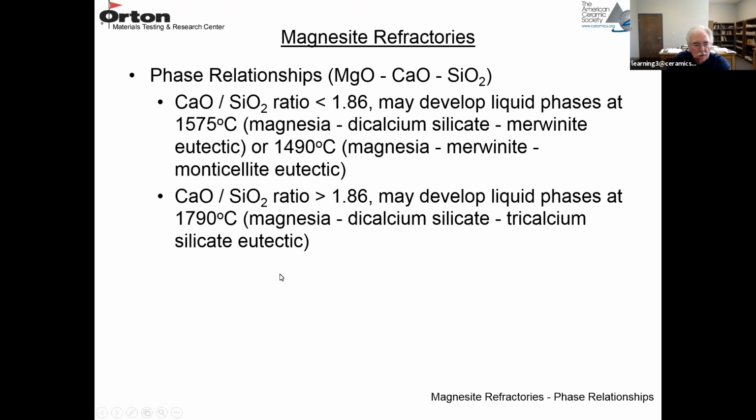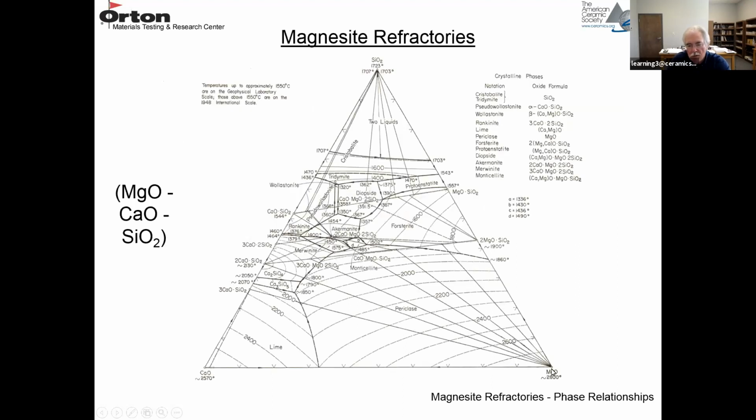So that's why you want to have this ratio higher than 1.86. This is the silica, lime, MgO ternary phase diagram. The primary phase field for MgO, or periclase, is right here. If you go around this in a clockwise direction, you'll see the phase fields that are in contact with MgO.